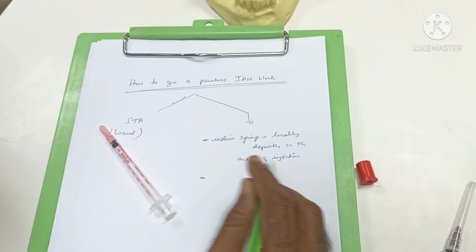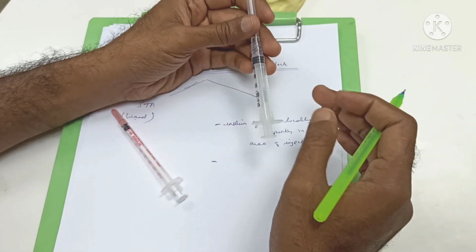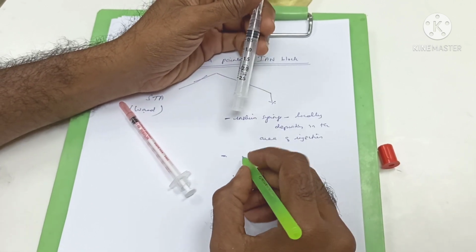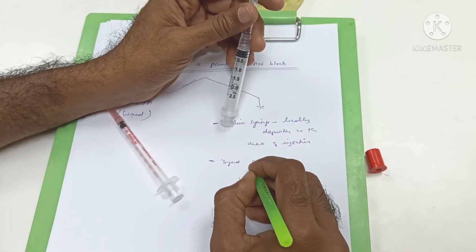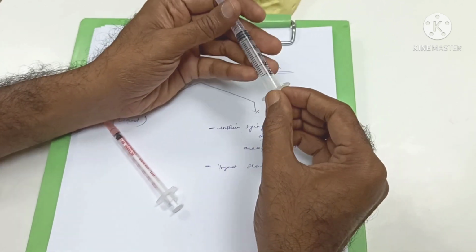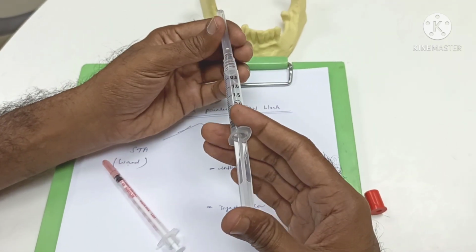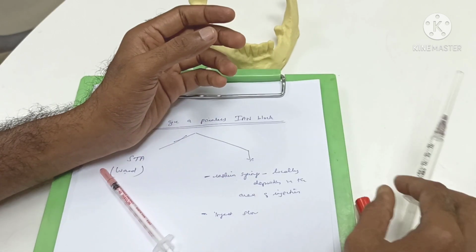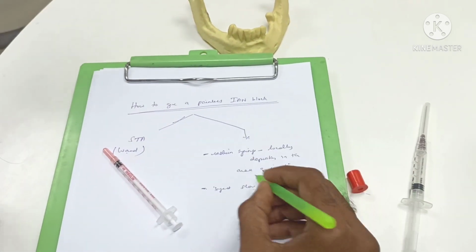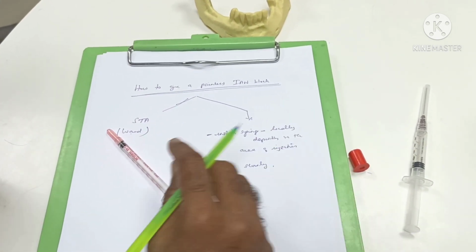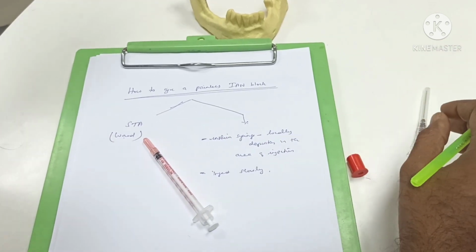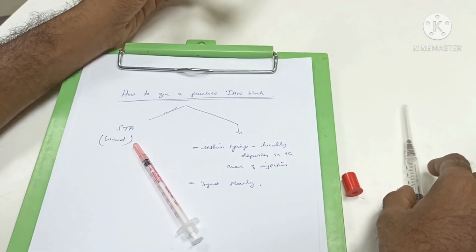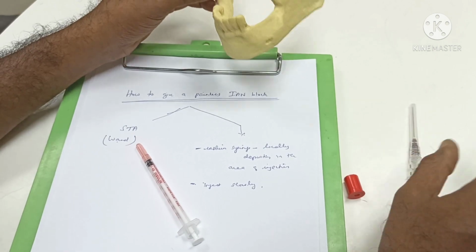And the second thing is, when you are injecting with this 2 ml or 2.5 ml syringe, inject slowly. Many times the doctor injects very fast. This gives severe pain, so inject as slowly as possible. If you follow these two things, then you can absolutely avoid pain during inferior nerve block.